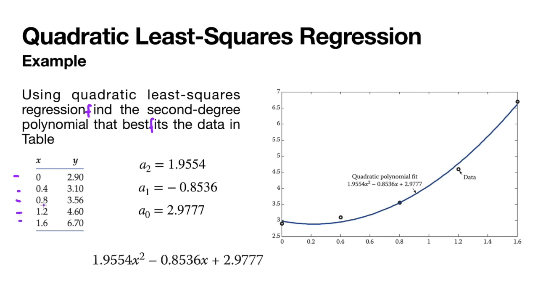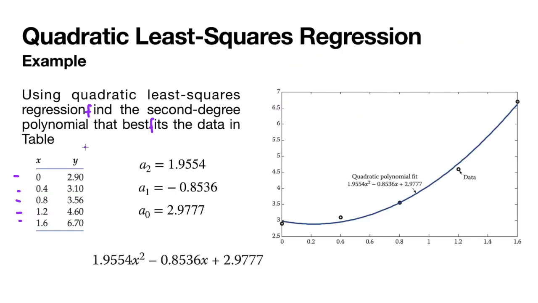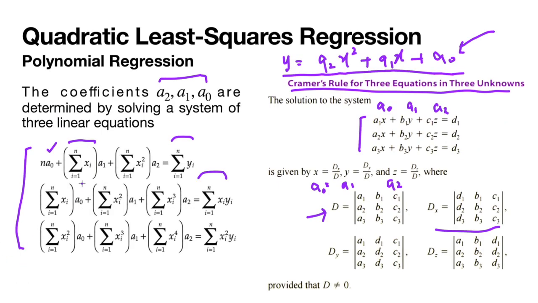All right, so what we need to do is find these summations first. We need the summation of all the x values, similarly the summation of all the y values, similarly the summation of all the x square values. Then we have x cube and x4.